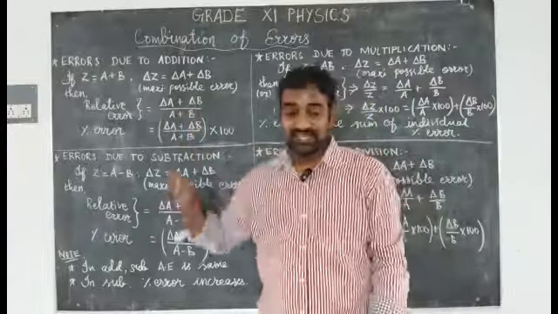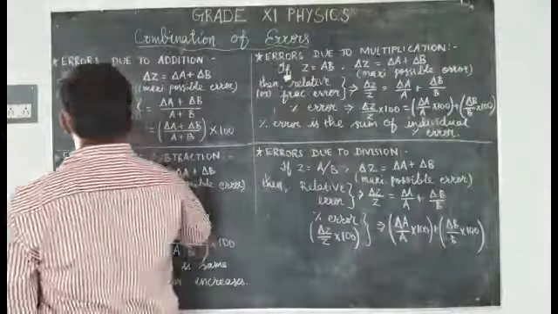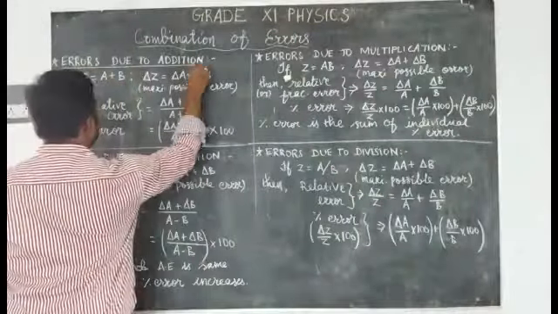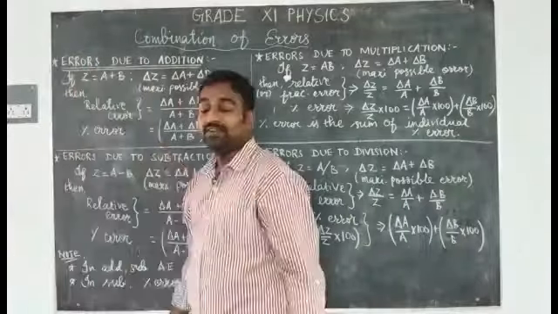The first one is errors due to addition. For that, we have 2 measurements.